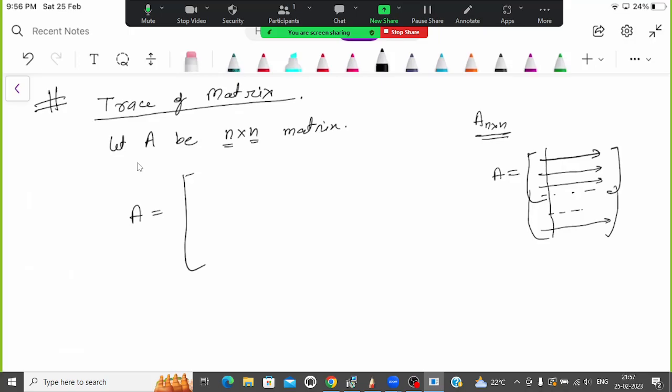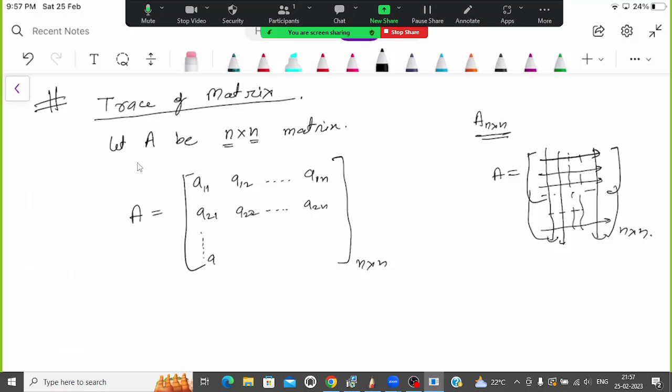Similarly, it is having n column. First column, second column, dot dot dot, n column. So n row, n column. Okay, clear? So this is n cross n matrix. So first row is a11, a12, dot dot dot, a1n. Then a21, a22, dot dot dot, a2n.